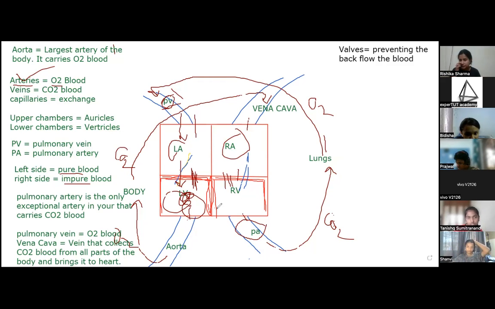Is it clear? Okay, now in the right side of the heart you have the tricuspid valve. I'm writing it. In the right side of the heart, has tricuspid valve.